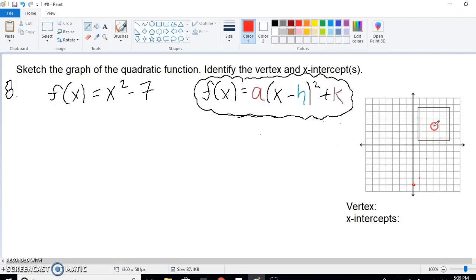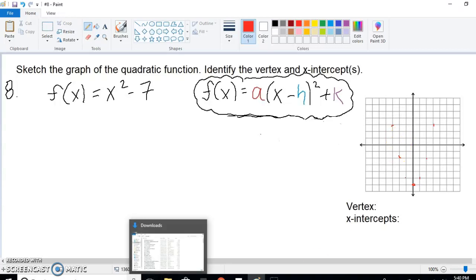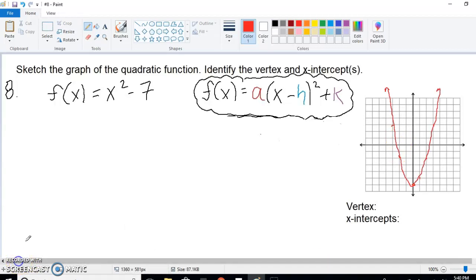Let's see, that'd be here. And then it's going to be mirrored on the other side. Over 1, up 1. Over 2, up 4. Over 3, up 9. All right, and then let me connect those dots. Okay, so just remember I am using the computer to do this, so this is as best I could do. Your paper version should be much cleaner.